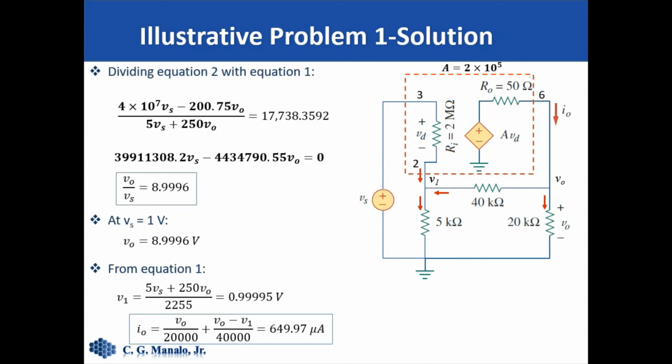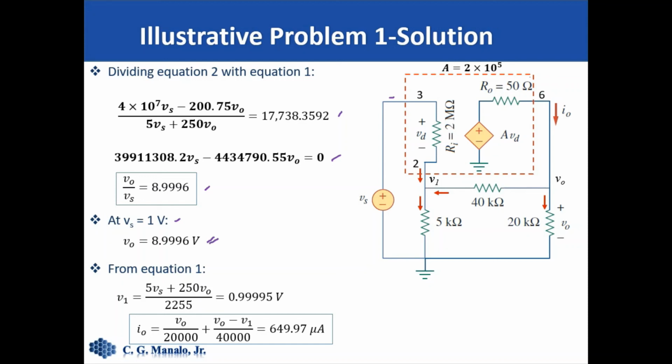Combining the two equations by dividing them, we get a single equation, and from here we can get the ratio V naught over Vs. For an input voltage of 1 volt, that should give us an output of 9 volts. So the output is 9 times higher than the input, and it is positive because the input is connected to the non-inverting terminal of the input.